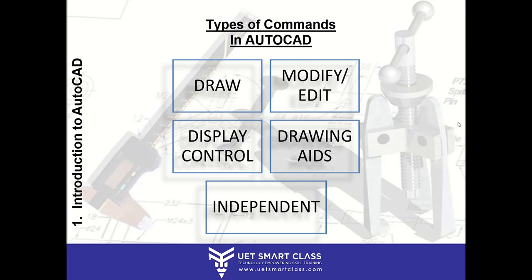Basically, it controls the view. It means you can use them to get detailing of the view, or you can zoom. Zoom is one of the examples, zoom in or zoom out. You can use pan as a hand to move your drawing from left to right or within the screen just to have a view of it.